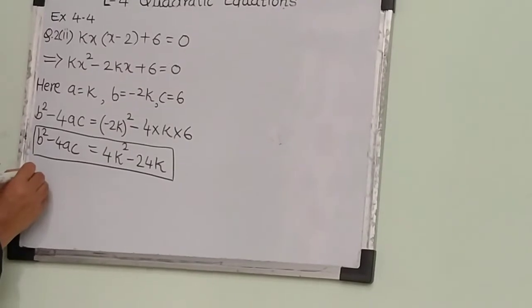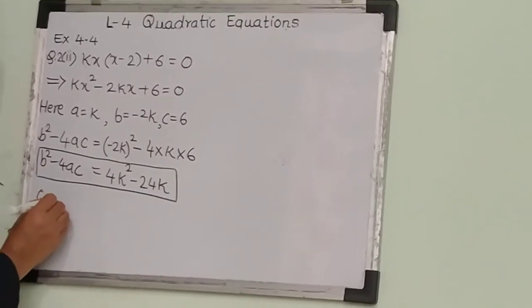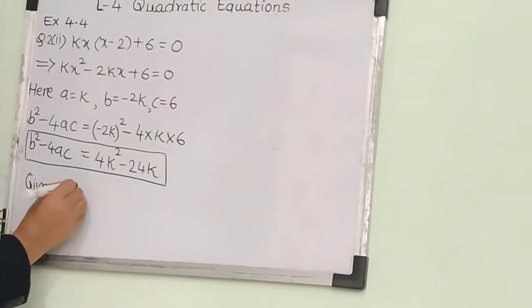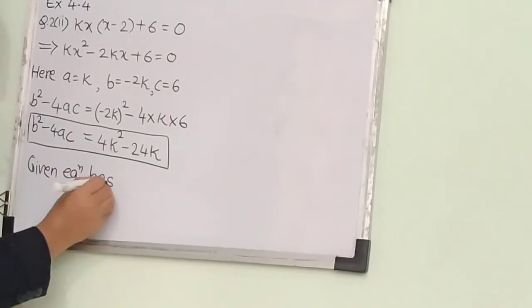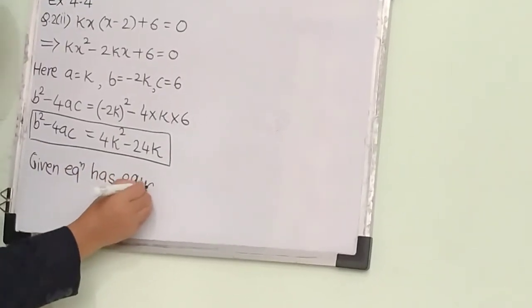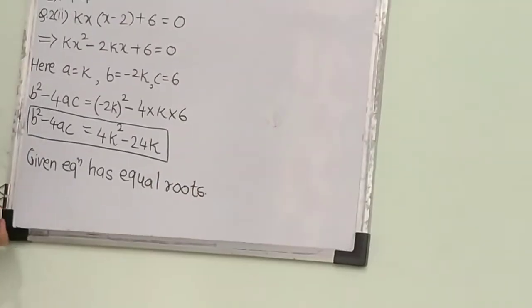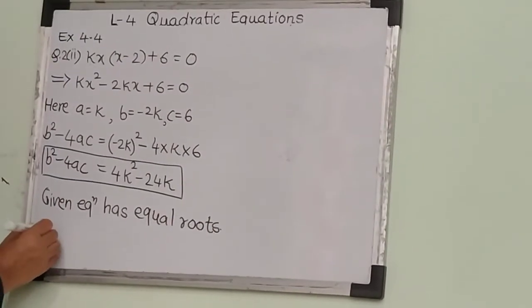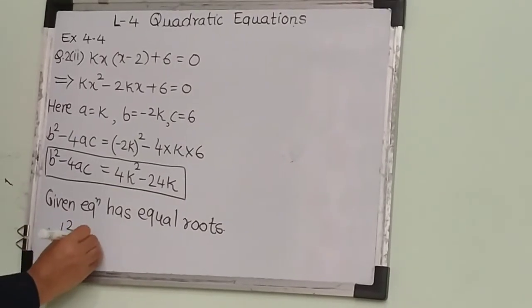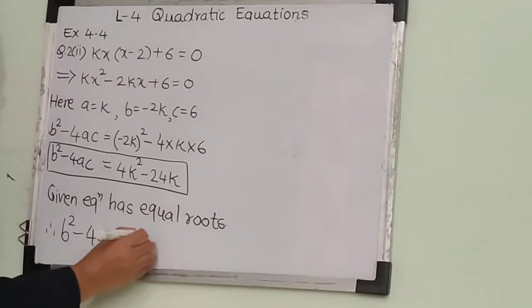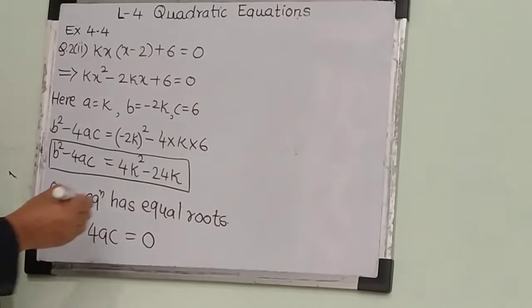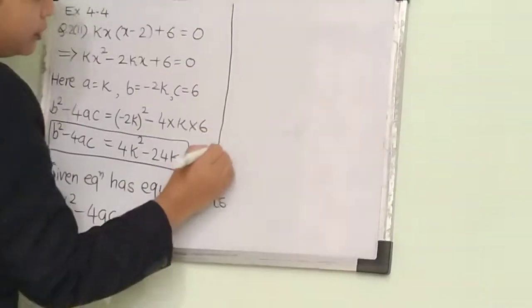Now the given equation has equal roots. It is given in the question. So we can write b square minus 4ac equals 0, according to the conditions of nature of roots.